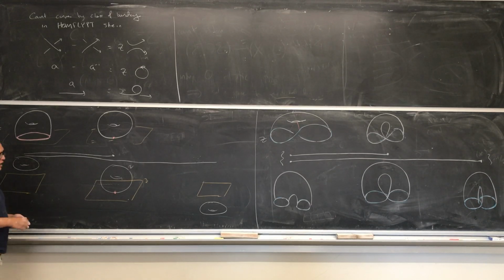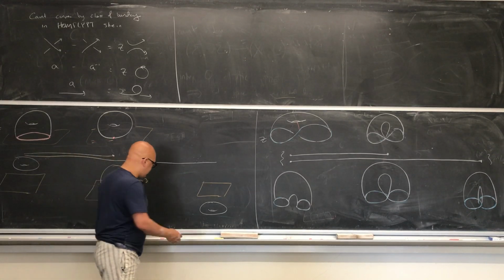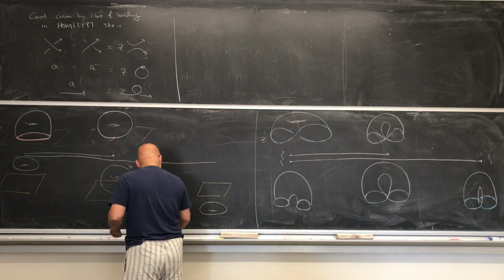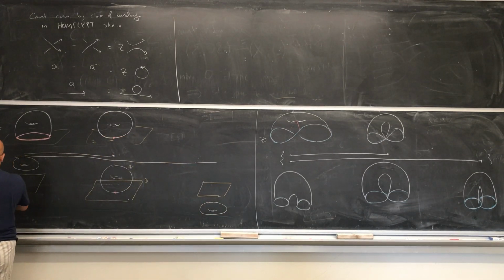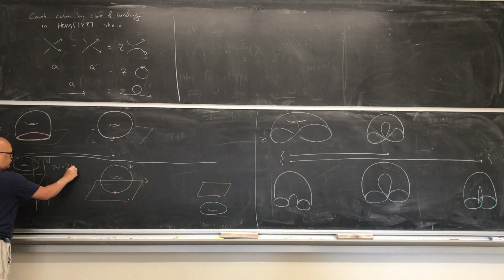And the way that with Tobias we record this linking number is we choose a four-chain, actually there's going to be two copies of the four-chain. I guess we call it W, and we ask that the boundary of W is twice the Lagrangian.